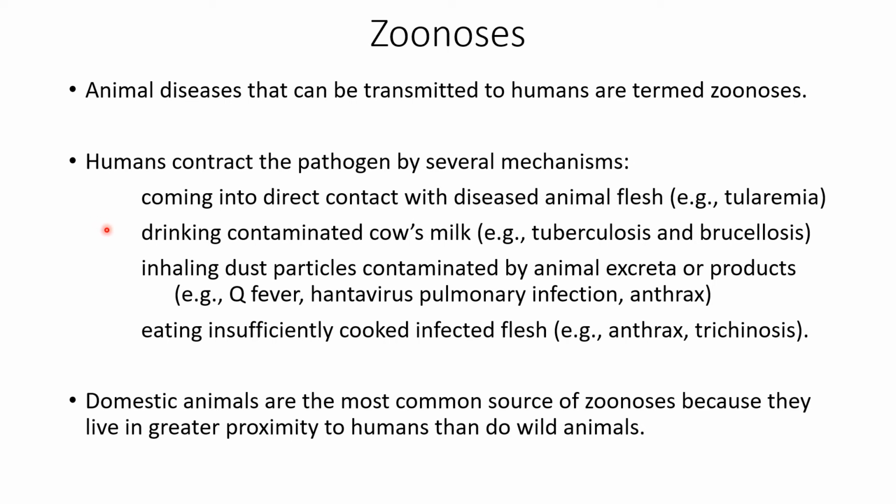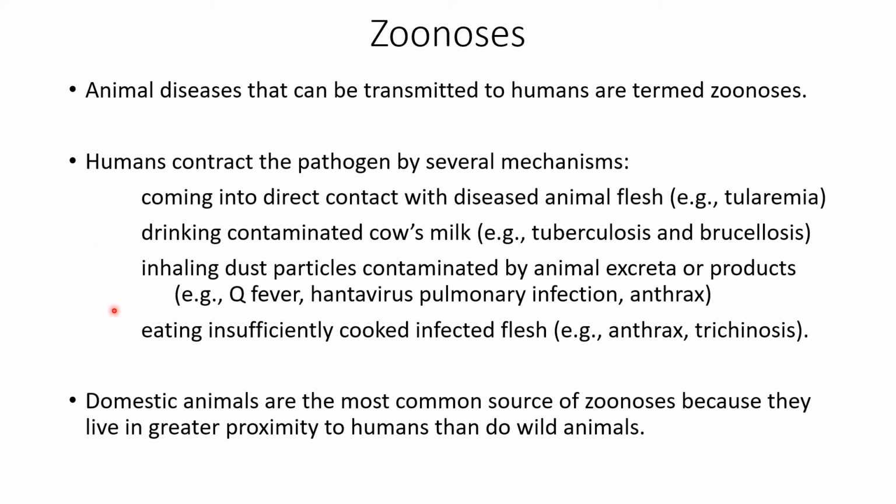How? They can come into direct contact with the diseased animal flesh. By eating a diseased animal flesh, they will come into direct contact, or they might just drink the contaminated cow's milk. The cow will be suffering from the disease, and it will shed the pathogen in its milk, and when such a contaminated milk is consumed by human beings, they might get the disease.